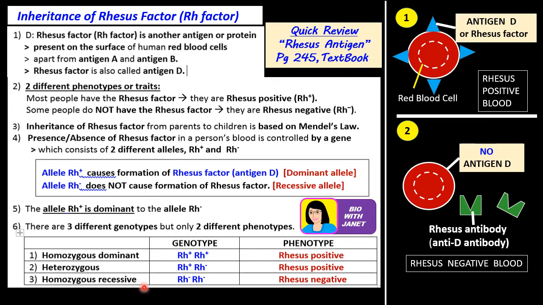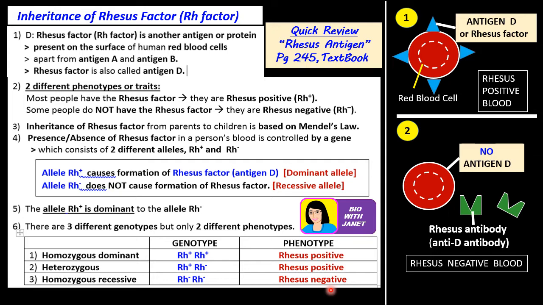The third type of individual is the homozygous recessive individual that has two recessive alleles, Rh negative. This person does not have any Rh positive allele, which is dominant, thus the recessive allele is able to express its trait, and so the person is rhesus negative.